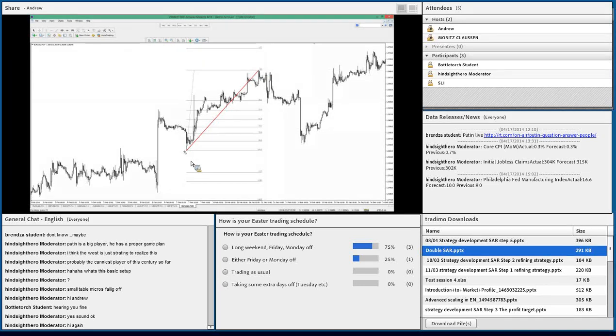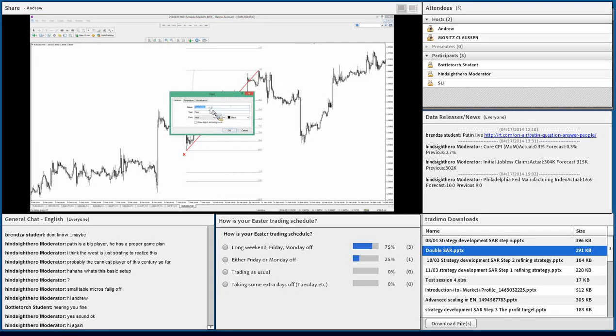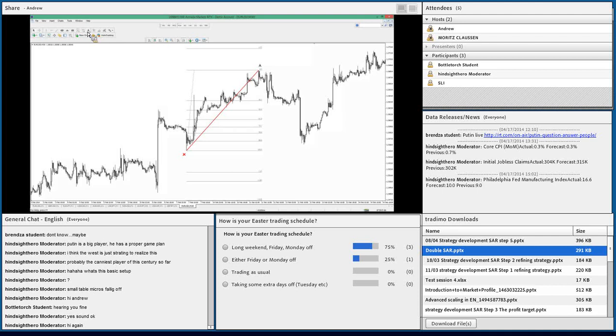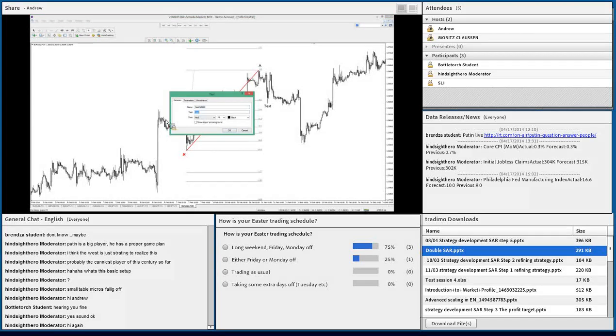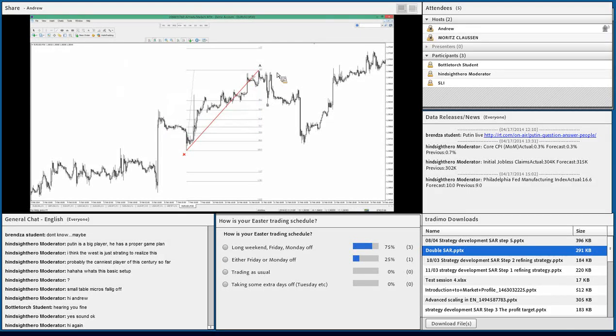So we've got X, we've got A, we've got B, okay, so this is the swing down from A to B. Once I've got that and price retraces from B, I can draw my fibs from A down to B.